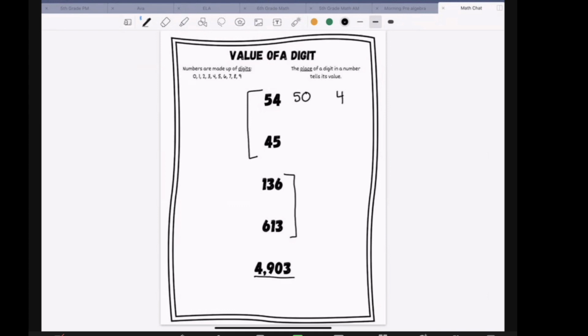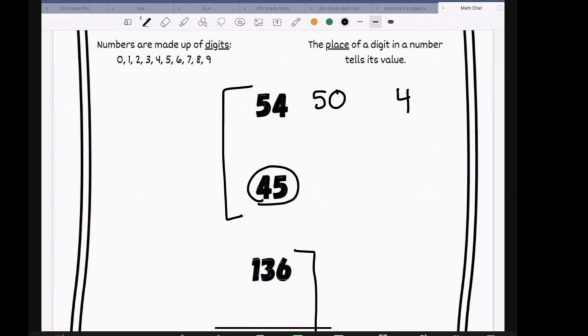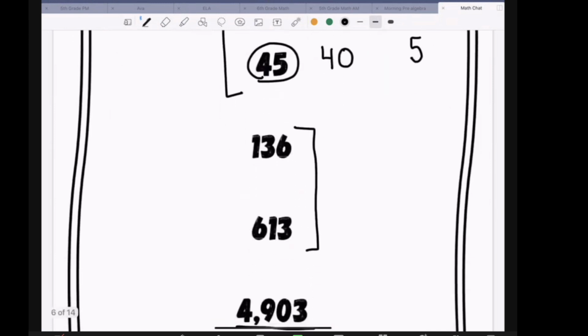So I'm just going to put the number 50 and 4 down. The place value of this, it uses the same digits, 4 and 5. But this time the 4 is worth 40, and the 5 is worth 5. Go ahead and pause the video and do these two and tell me what each one of the digits is worth.